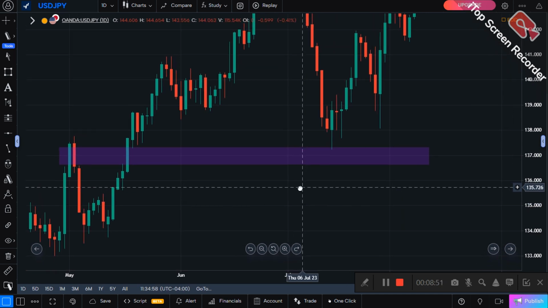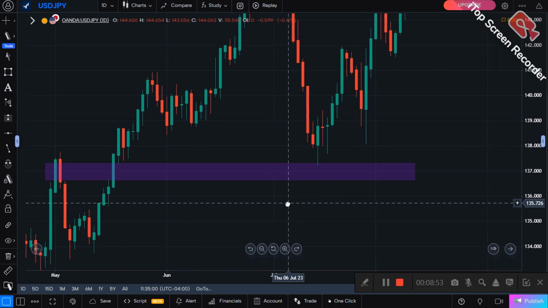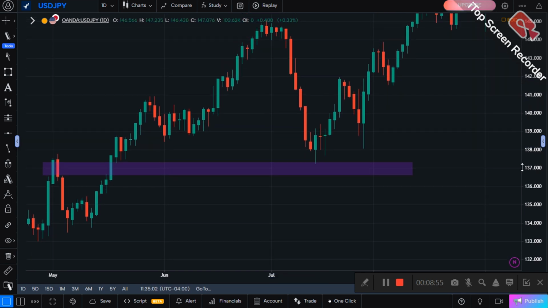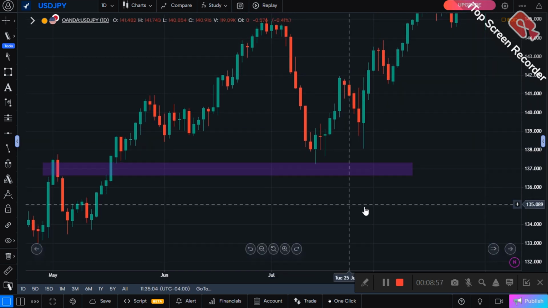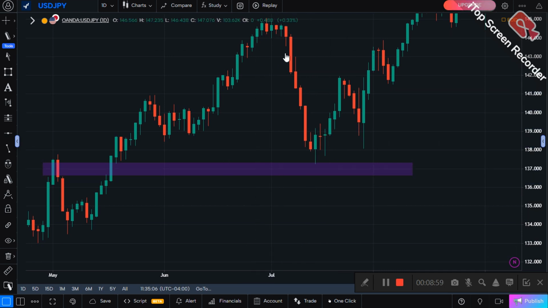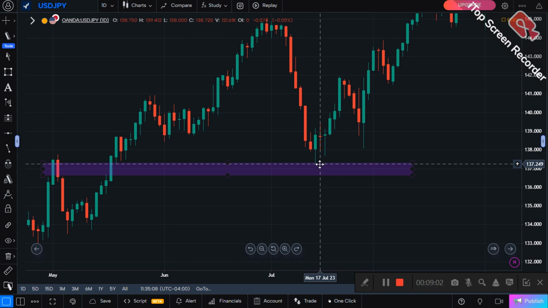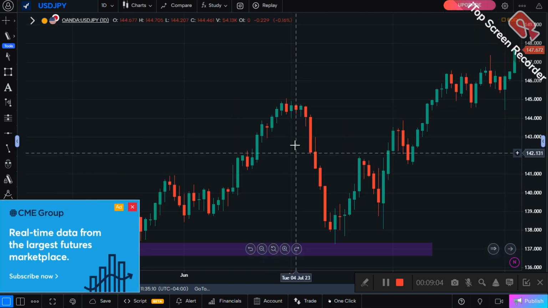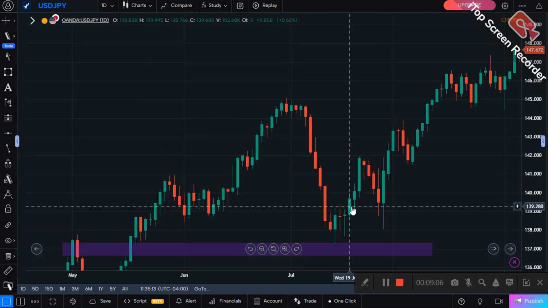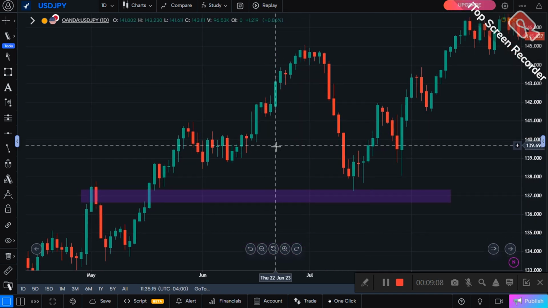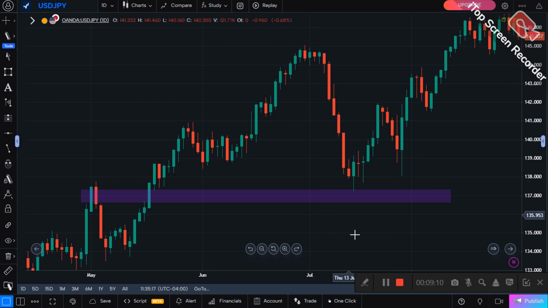So basically, we know that the trend is now going to be to the upside. Whether it goes to the downside, it is okay. It just makes the higher low, and then it will go again into the upside.